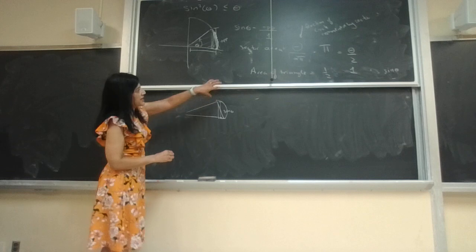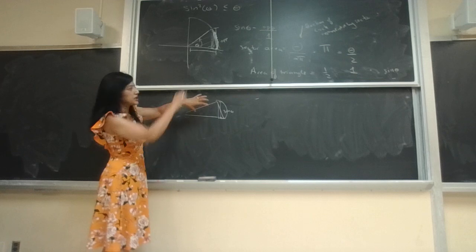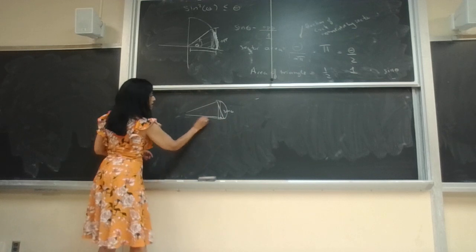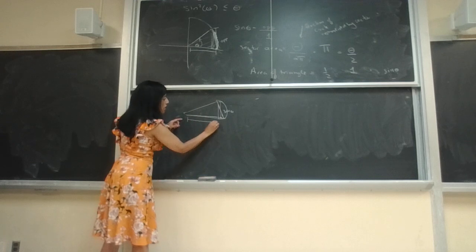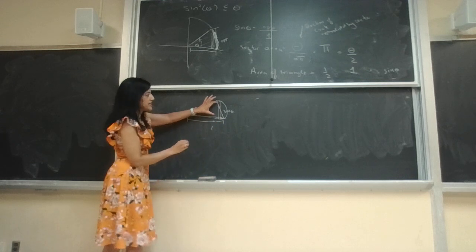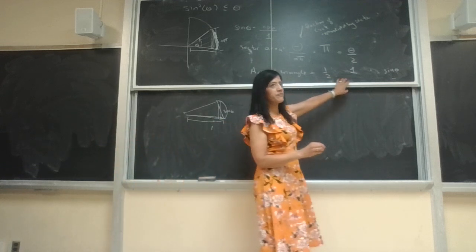So the sector's area is going to be theta divided by 2. That's the sector area, which I just talked about up there. This triangle's area, this triangle here, that's before the sector, has base 1 and height sine theta. That's where this thing comes from.